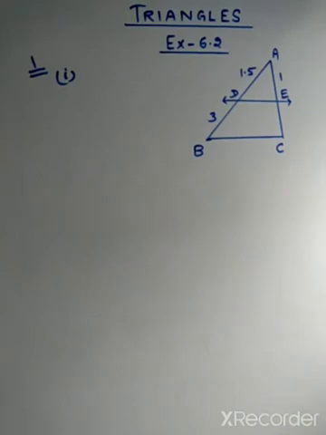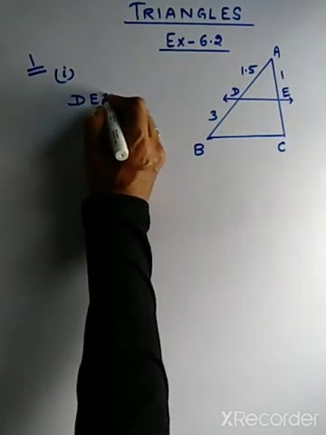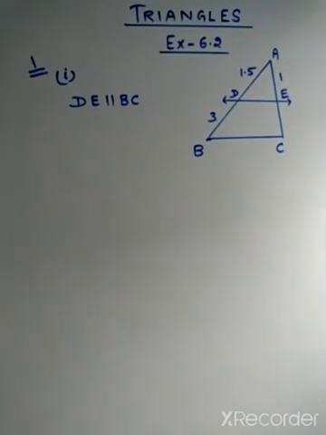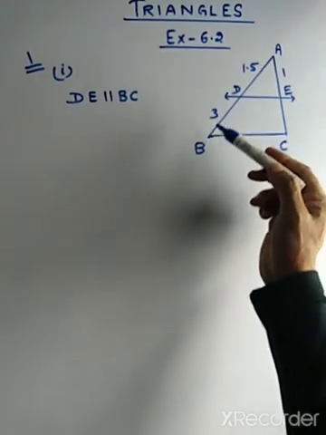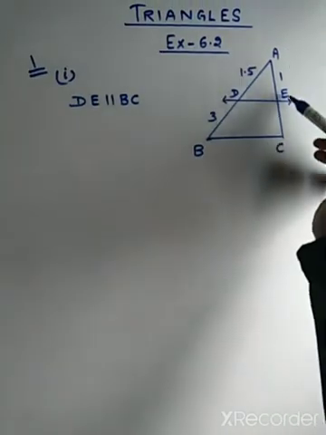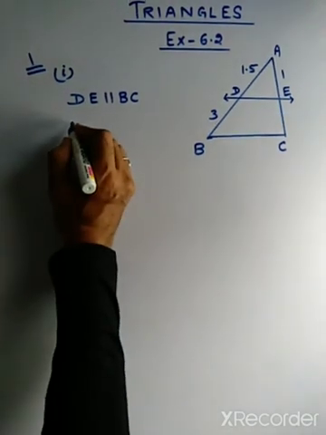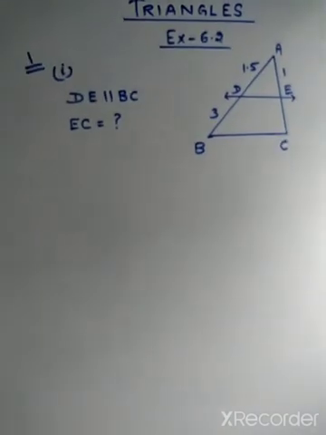Exercise 6.2, question number 1, first part is, in figure 6.17, first and second part, DE is parallel to BC. It is given that line DE is parallel to BC, and these measurements are given. AD equals 1.5 cm, DB equals 3 cm, AE equals 1 cm, and in the first part we have to find the value of EC.